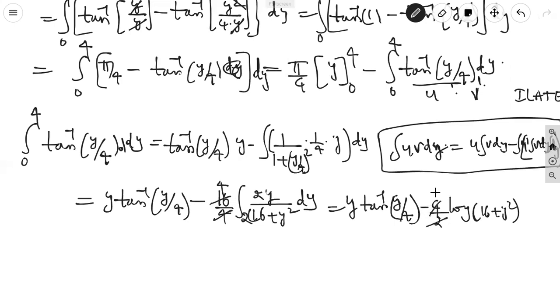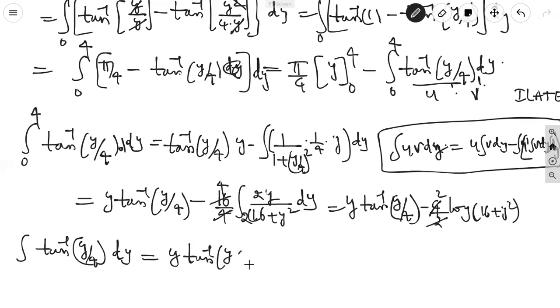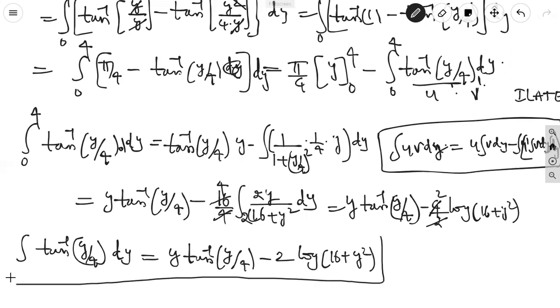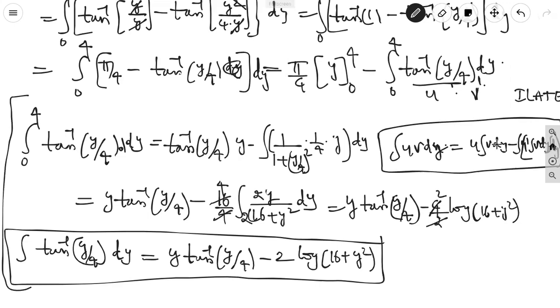So integral tan inverse of y by 4 dy is equal to y tan inverse of y by 4 minus 2 log of 16 plus y square. This is the integration by parts, and we get the integration value. Now we do this aside, then substitute here.